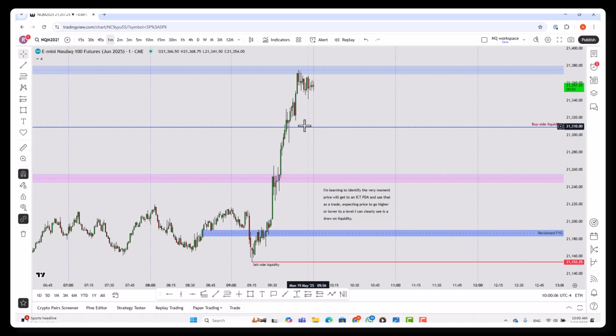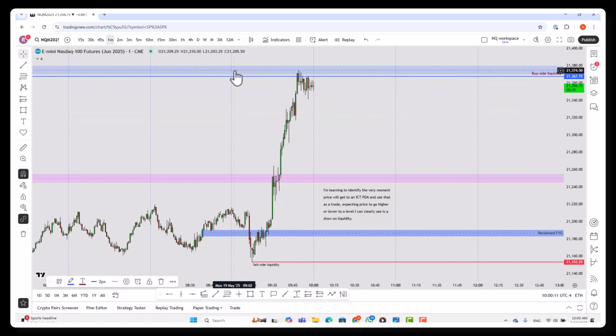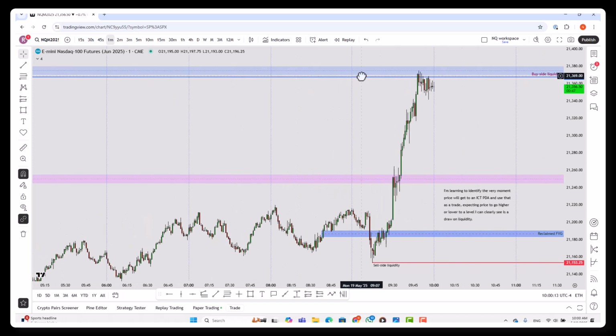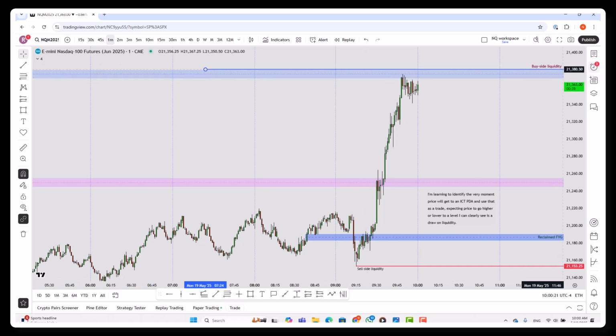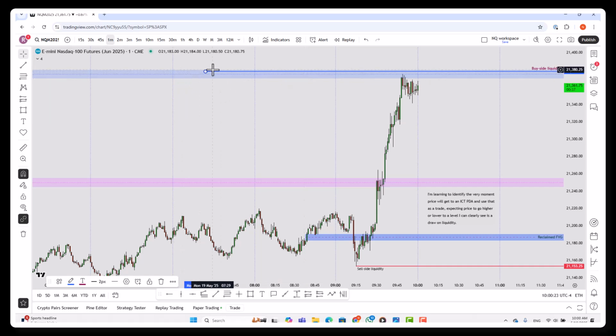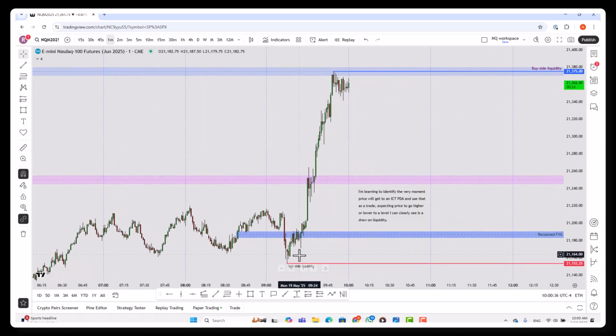So now, here is my buy side liquidity pool. That's what I'm interested in. So this range low to that high.